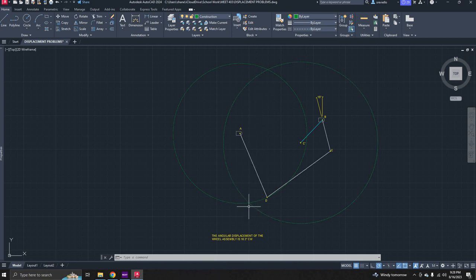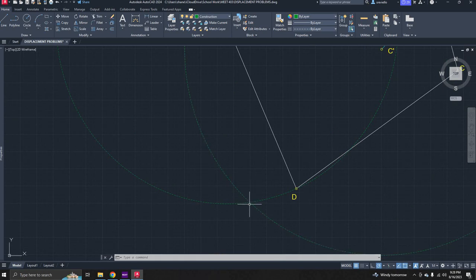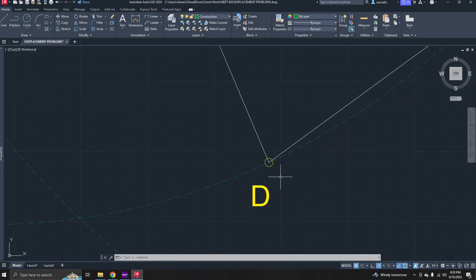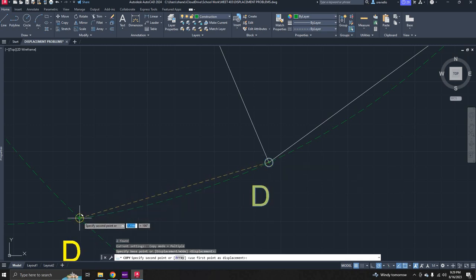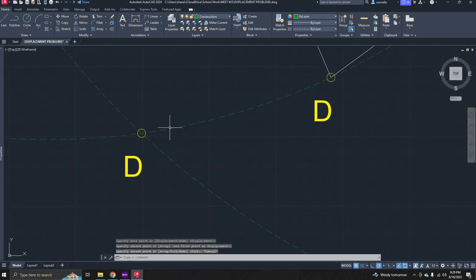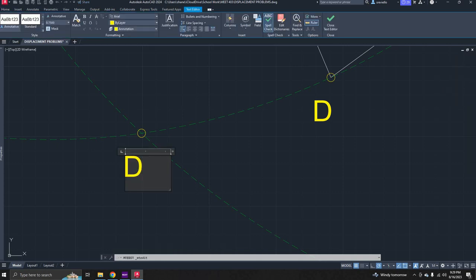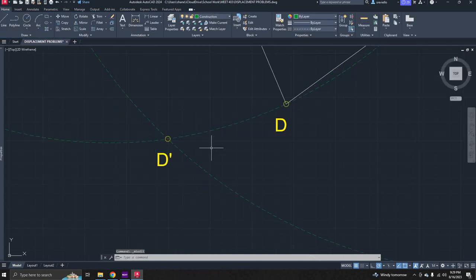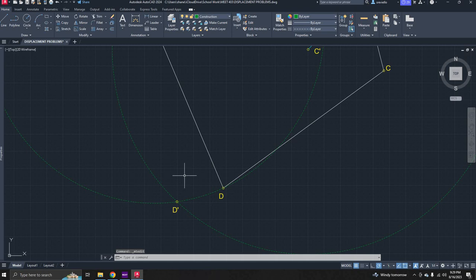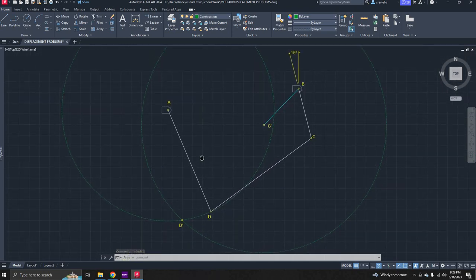So you really just have to use a little bit of intuition and realize that D prime is going to land at this intersection. So let's highlight that now. We can label this D prime, indicating it's in our second configuration.